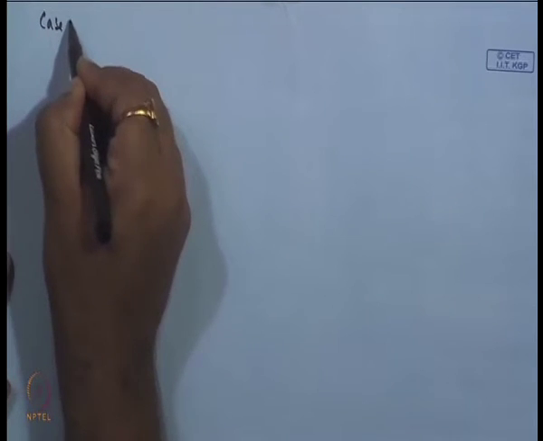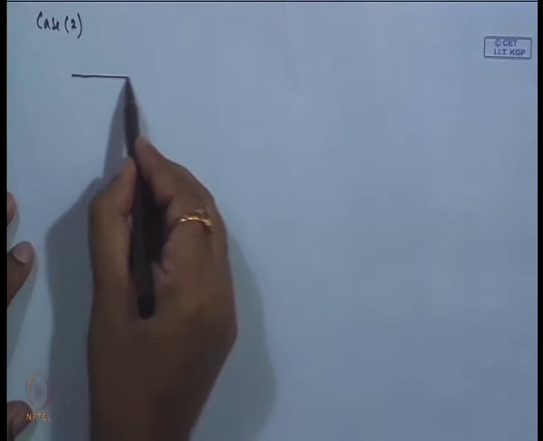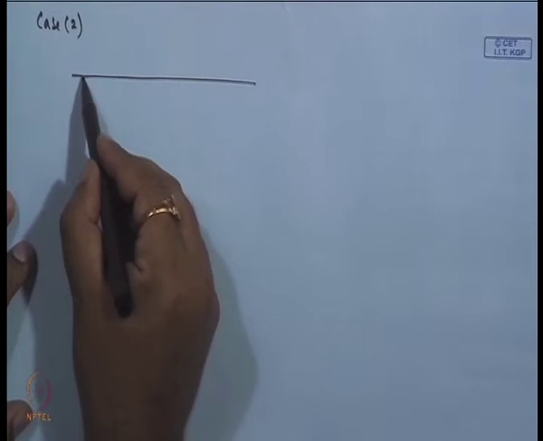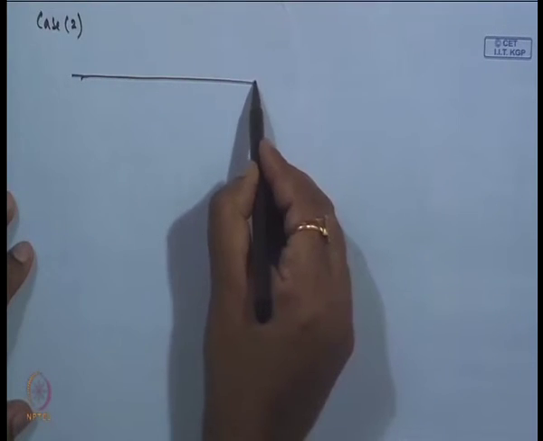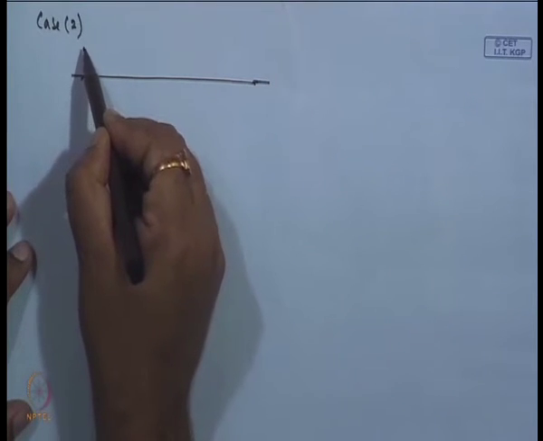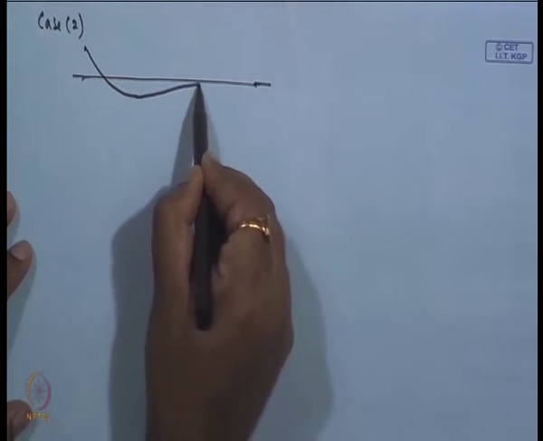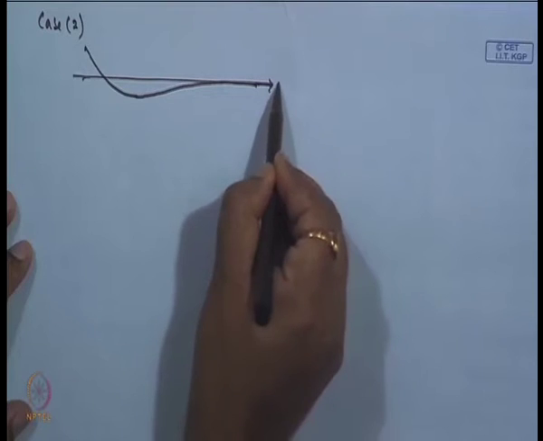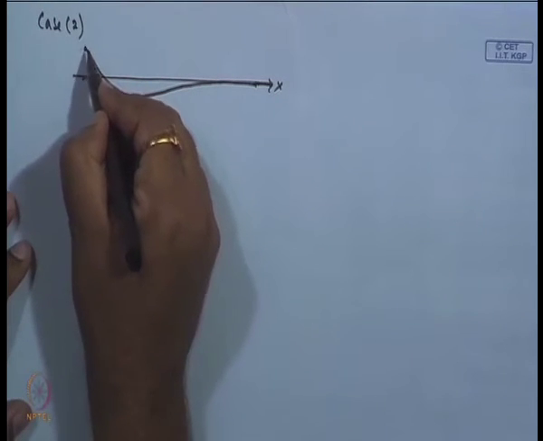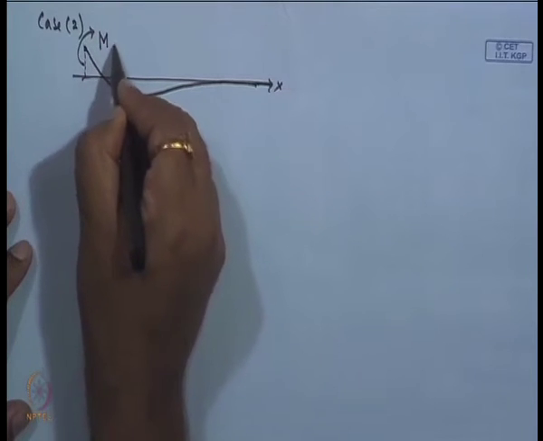So, the next loading condition that we consider is case 2. This is the original position of the beam or the x axis, and it is subjected to a moment M 1 at this end.